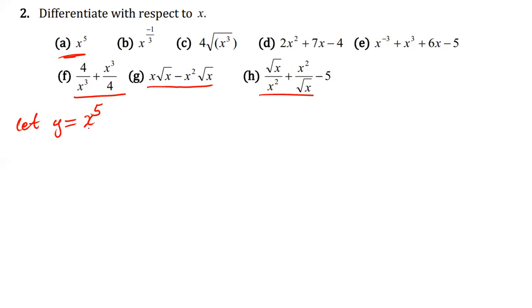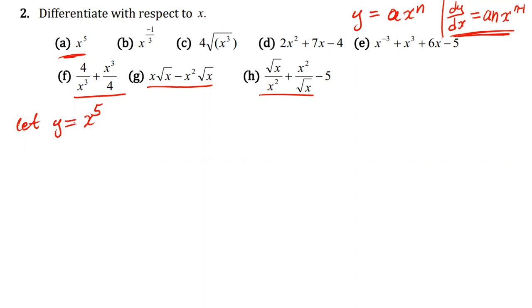The power rule states that if you have a function in the format y is equal to a x to the power n, to find dy dx, the derivative of this function with respect to x, you simply multiply the power by the coefficient of x. So n times a gives a n, then x, and from the power we subtract 1, so we have n minus 1. This is standard for the power rule.